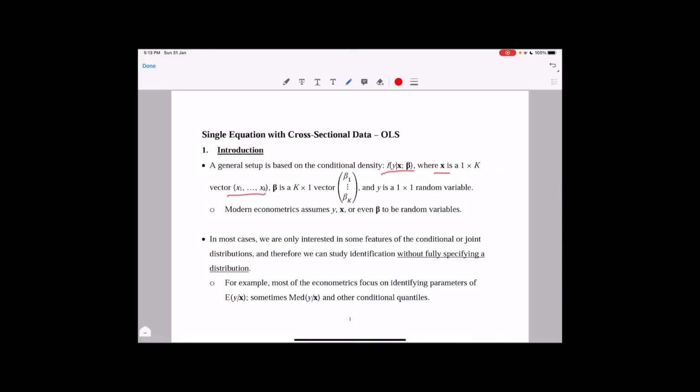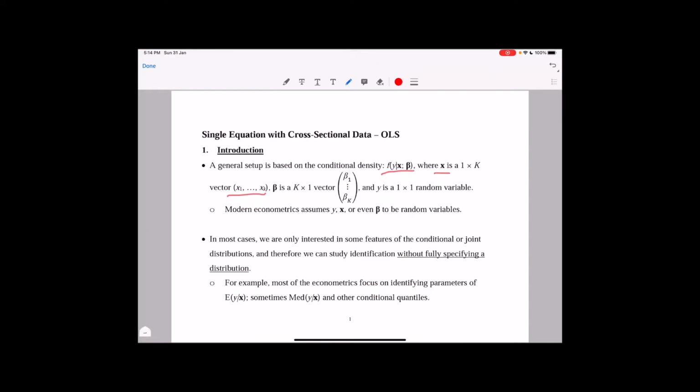Some econometric textbooks may write x as a column vector and beta as a row vector. Here we write x as a row vector and beta as a column vector. And y is just a 1 by 1 scalar. It's also a random variable.